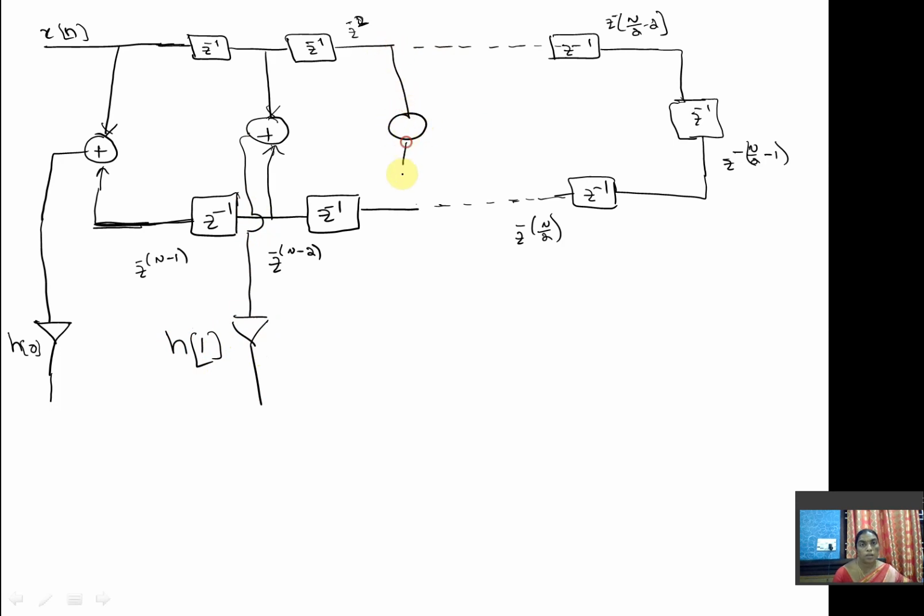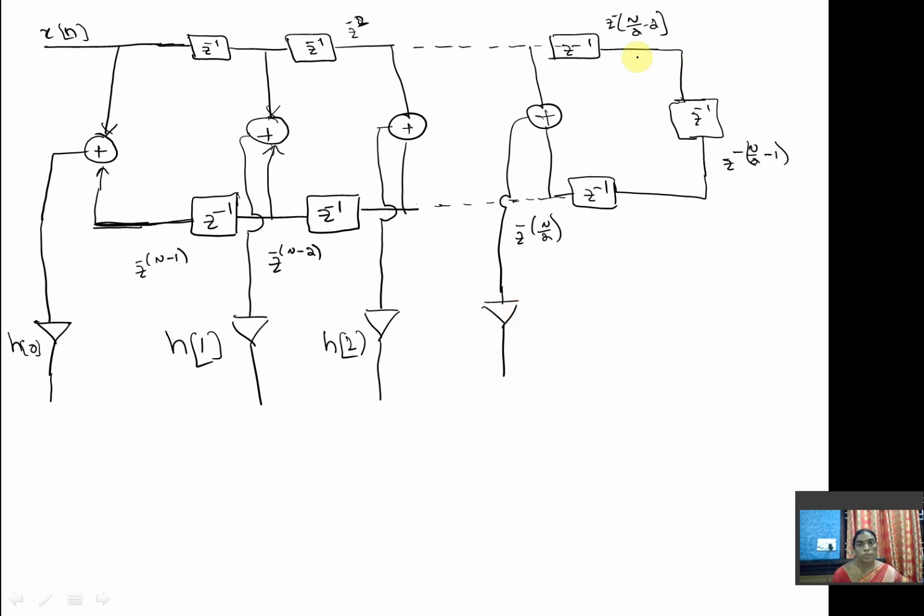Here also z power minus 2 plus z power minus of n minus 3 multiplied by h of 2. Now here also.